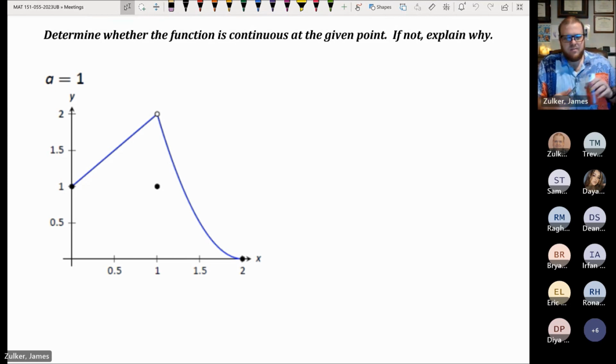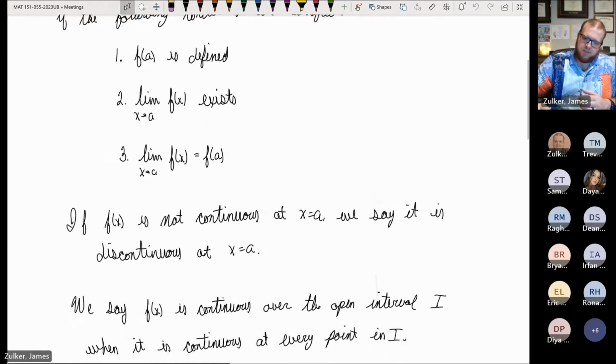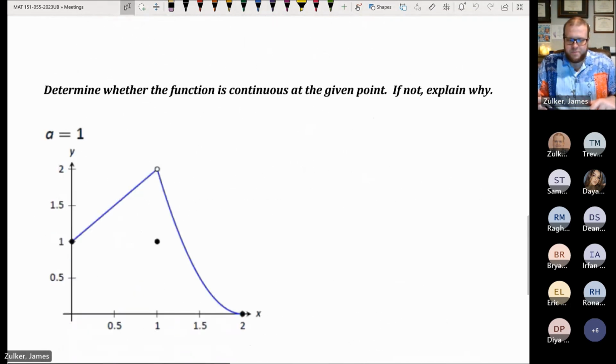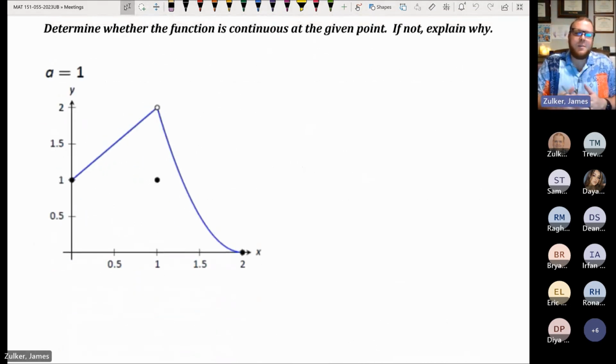Well, remember, to be continuous, it has to satisfy those three conditions. First condition, is f of 1 defined?